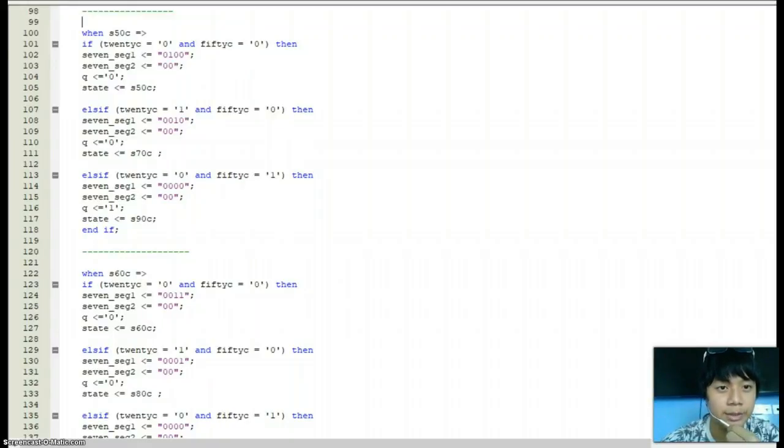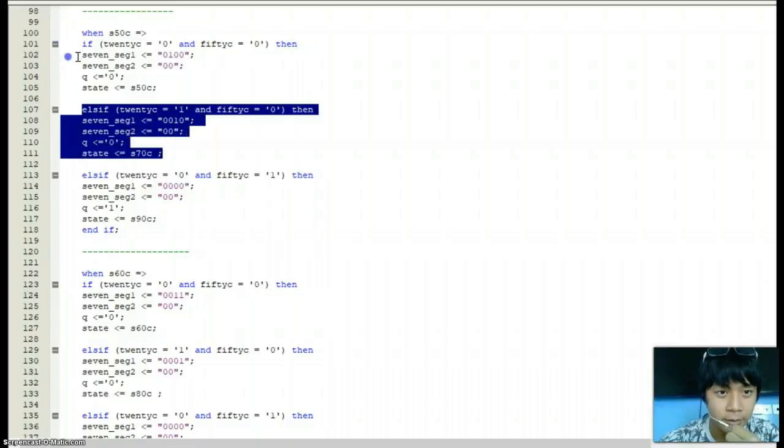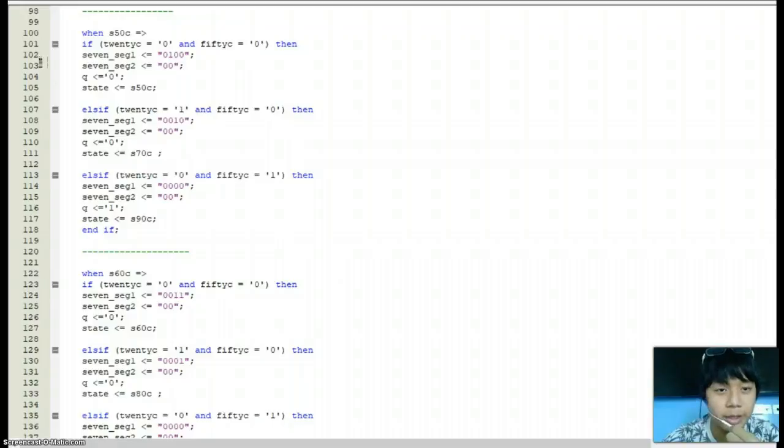If we were to put the 20 cents in here, as you can see from this line, it will accept the 20 cents and count down the counter to state 70. At state 70, it'll be showing 20 cents left on the counter.